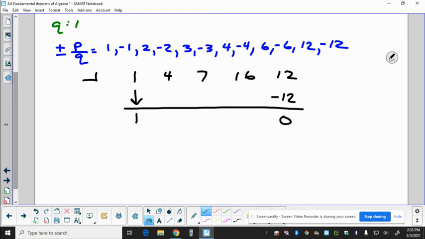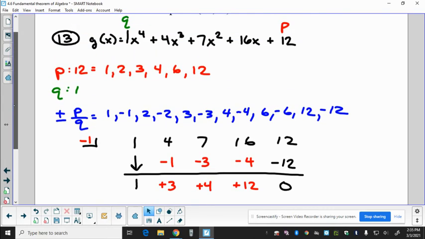And I think that I am going to try a -1. And that works.